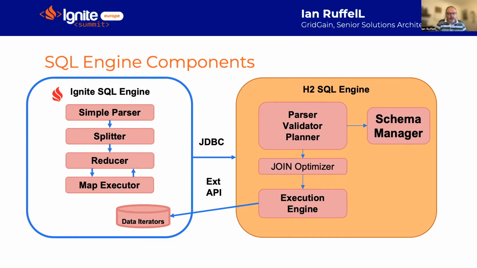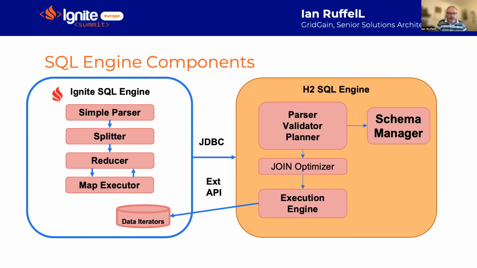So let's have a little closer look about that. It consists of two major parts. So there's the H2 engine and the Ignite SQL engine itself. So H2 is responsible for local per node execution, and the Ignite SQL is responsible for query orchestration. So in fact, there should be an arrow from every Ignite component into the H2, as it's used in every step, more or less, of the query.